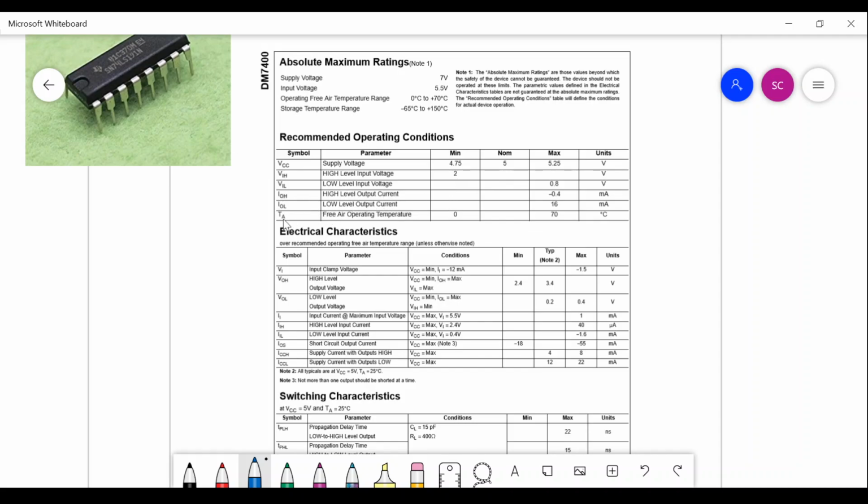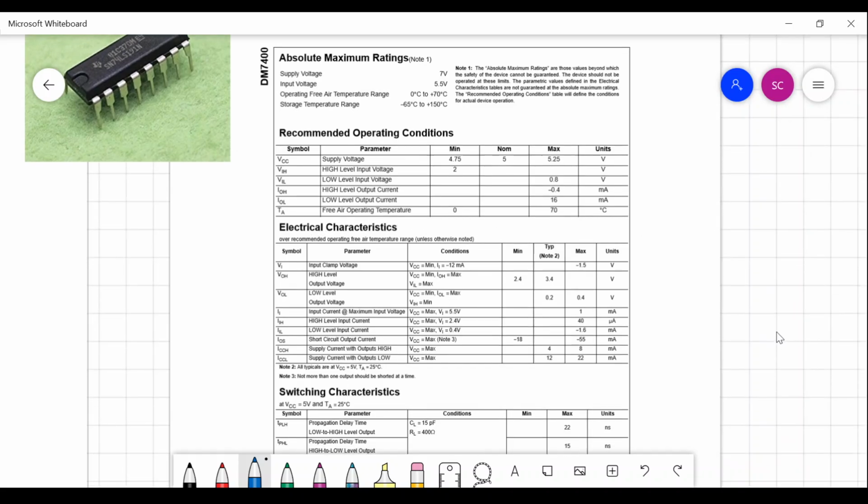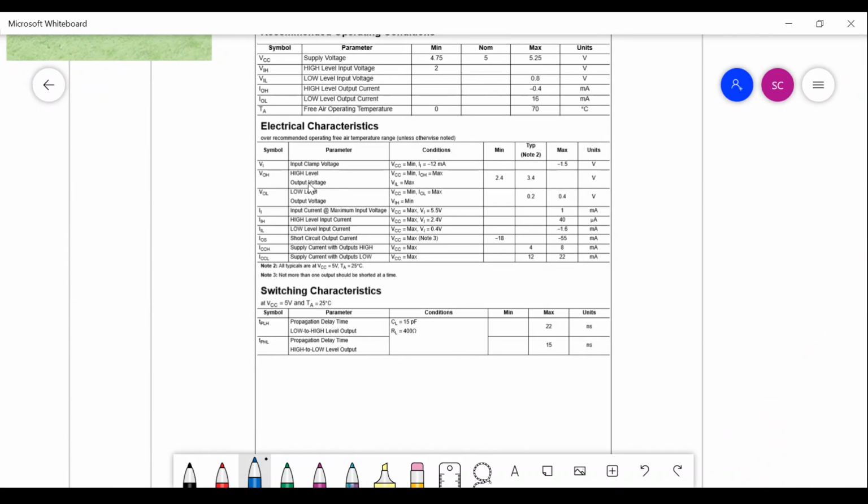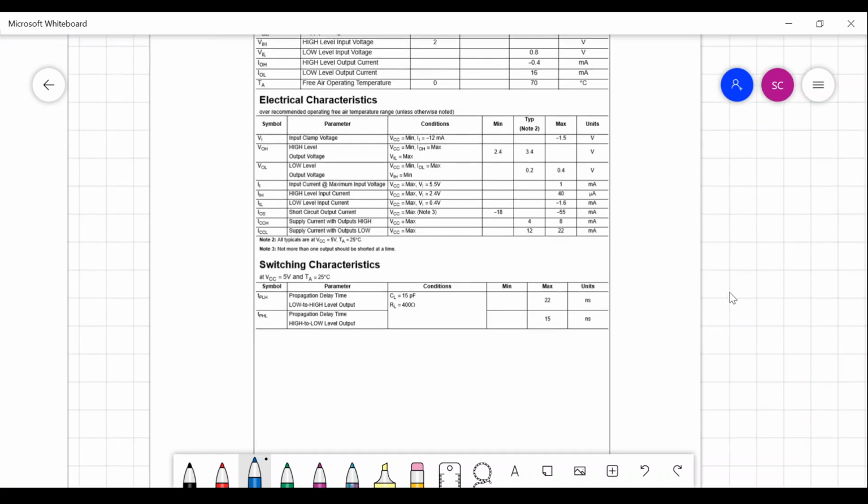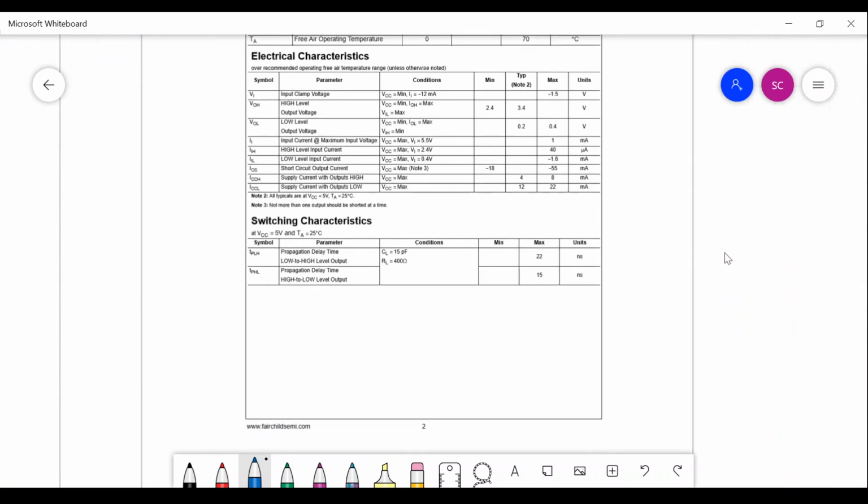Similarly, you have some current ratings, and there is some temperature rating, working temperature sort of thing, and then you have all the different electrical characteristics given here. Not everything is needed for us, but these are some information regarding the gate. And if you want to study a gate or do some higher level study, or go into designing of these sort of IC chips, you need to know which are the different characteristics you should be concerned about. So all these things are given here.